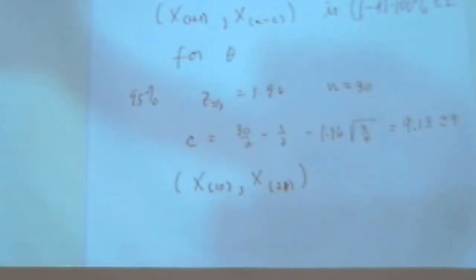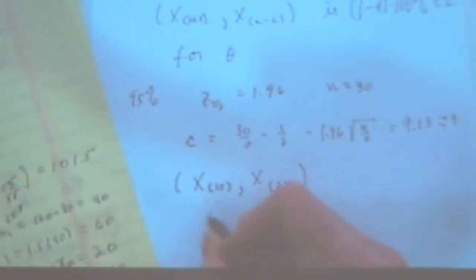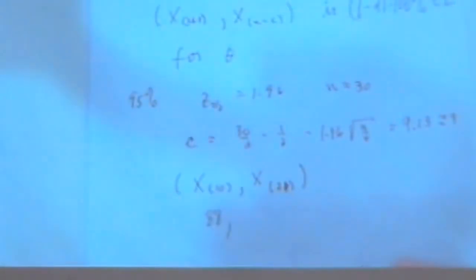And then I can just go back to my stem leaf plot, or I could sort the data, and pick those off. Got 11, so the 10th would be 88. And the 21st would be, the 22nd would be 119, right? That's my confidence interval.